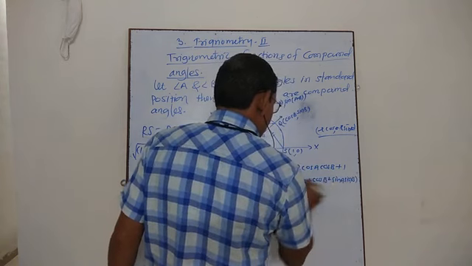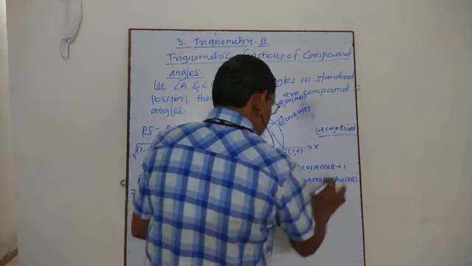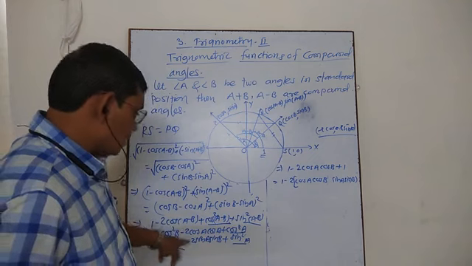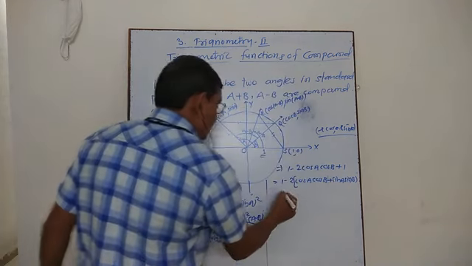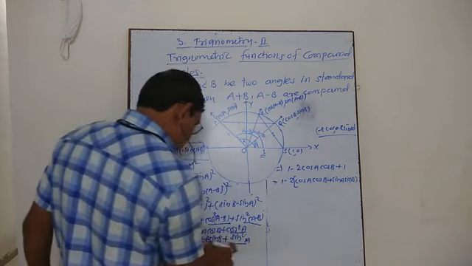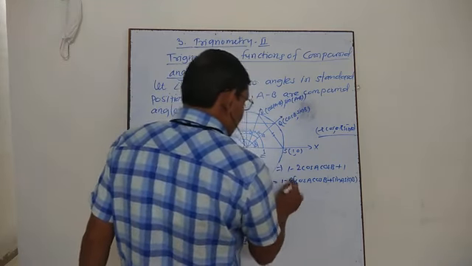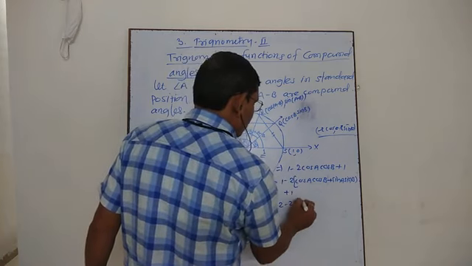Cos square a plus sin square a is 1. Now 1 plus 1 is 2, so 2 minus 2 cos a cos b.